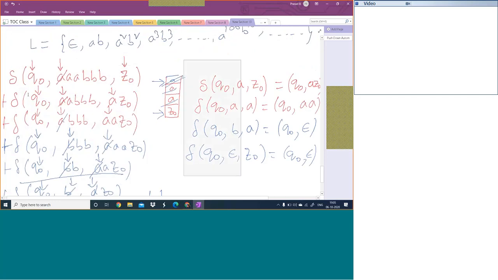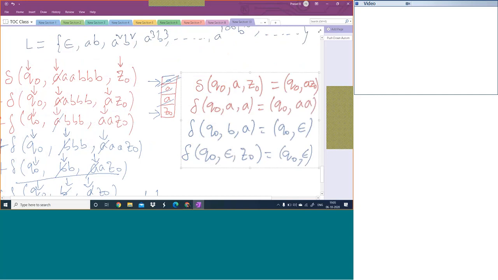This is the design. This part is not the design. Only this part is the design, and this part is verification. Okay. So finally, for any string, this is the design. So what is the design here? In this design, what have we used? Listen carefully.